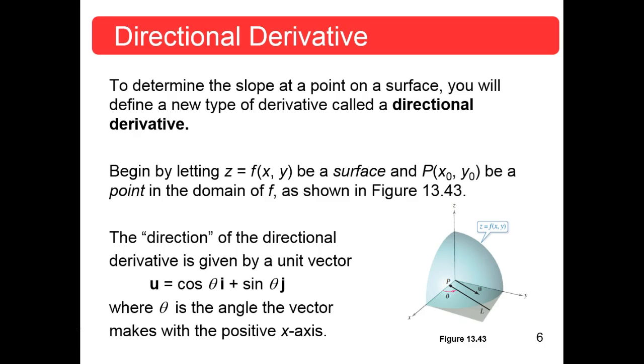P of x0, y0 is a point in the domain of f, and this, I think, is what I was trying to mention before. In a graph such as this, it's hard to see where the P is. That P is supposed to be on the surface of that curved shape there. It's not somewhere down near the x-axis.